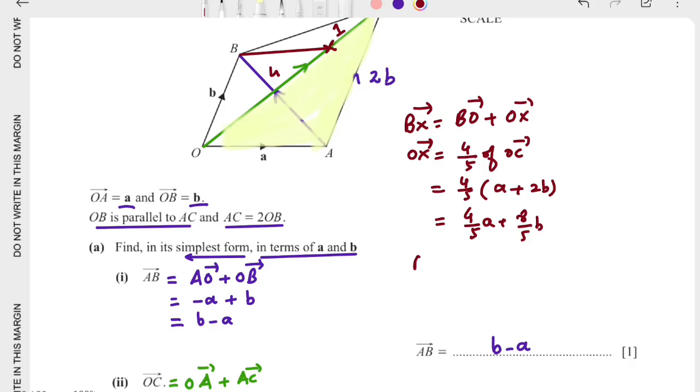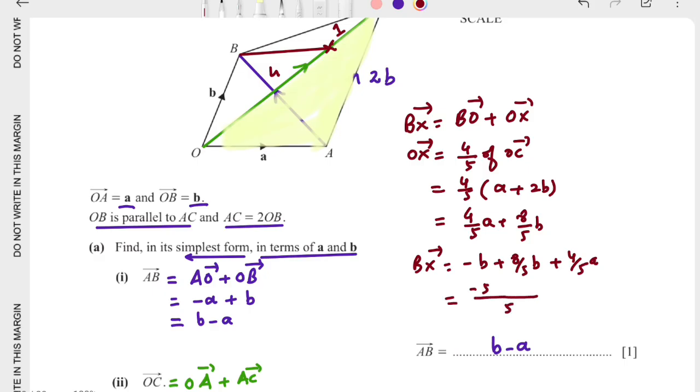So BX would be equal to BO, that is minus B, plus 8 over 5 B plus 4 over 5 A. Now we can take the LCM. So the LCM would be 5.